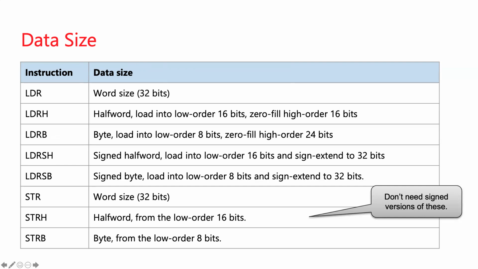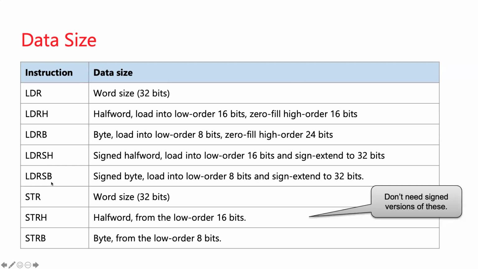These versions are for doing this with unsigned values because they 0 extend the value. If you wanted to sign extend it, if say it was a signed value, that's what these two are for. LDRSH goes and gets a half word, but instead of 0 filling the high order bits, it sign extends. Same thing with byte sized.